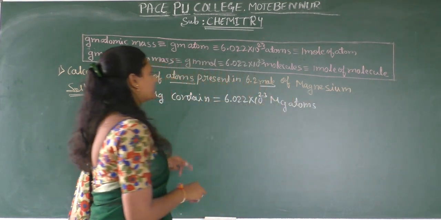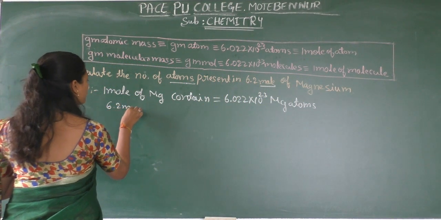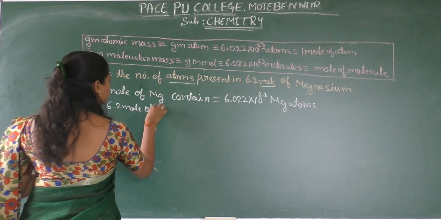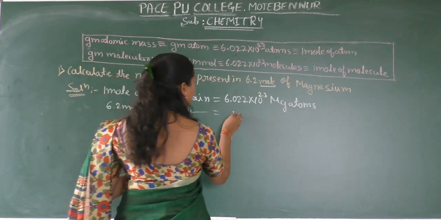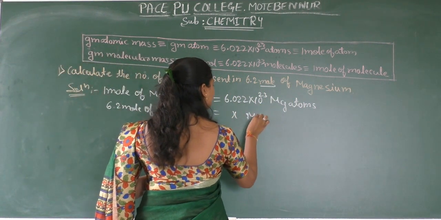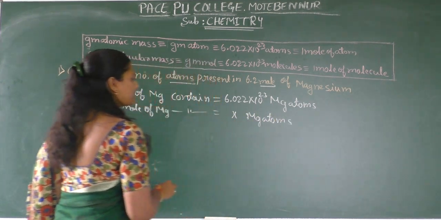Okay, so now we have to find out 6.2 mole of magnesium contains how many magnesium atoms. Okay, so here we are going to consider that one as x.